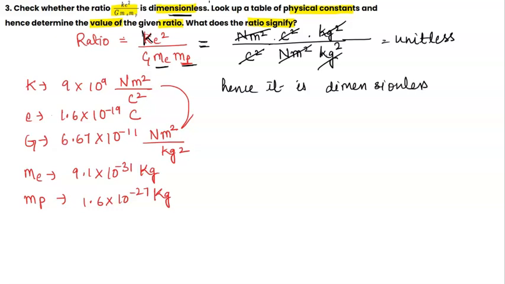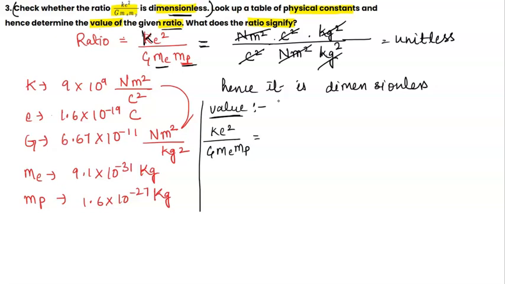So up to this term will be cleared. Now next, look up the table of physical constants and hence determine the value of the given ratio. The ratio is k e square upon G m_e m_p.